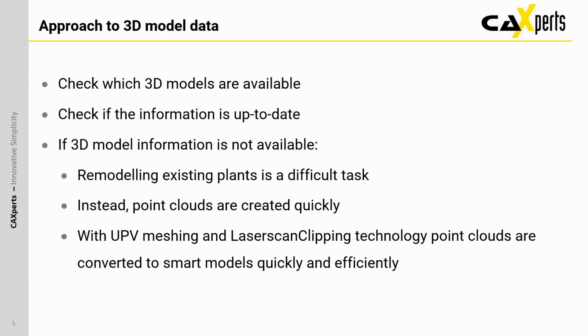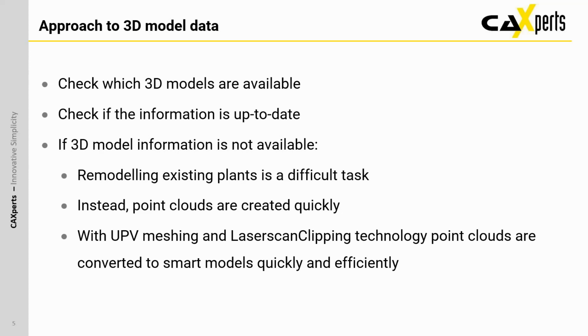So what would be the approach to 3D model data? You could check which 3D models are available in your company. Check if the information is up to date or if these models are already outdated. And if 3D model information is not available at all, there are several options here.